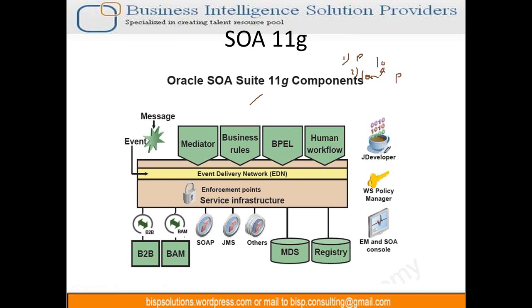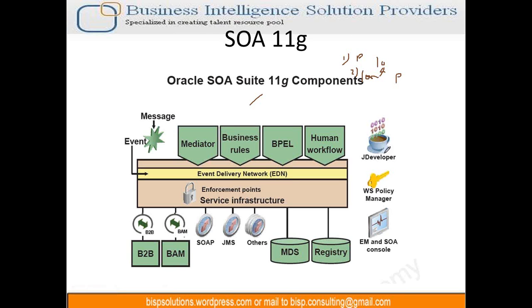JDeveloper is the tool that we will be using for writing our code. It is the only tool that we will be using. When we are in the class, we will give you two options: either install the SOA suite at your end, for which we have the full tutorial and material that we will give you so you can easily install it. Secondly, we can give you a VirtualBox virtual machine which has everything built in.